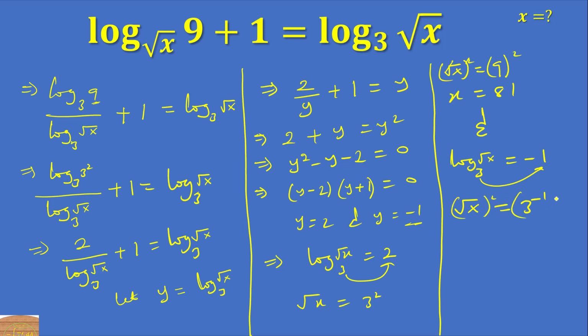So this one will cancel this. So x will be, so this one is the same as 3 to the power minus 2. So x is 1 over 3 squared. So x is 1 over 9. All right, so we have x to be 1 over 9 and x to be 81.